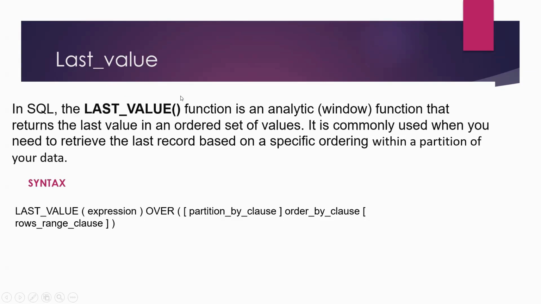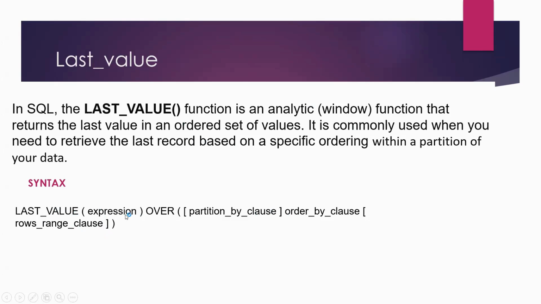In SQL, the last value window function is an analytical window function that returns the last value in an ordered set of values. It is commonly used when you need to retrieve the last record based on a specific ordering within a partition of your data. This is the syntax of last value: expression over partition by clause, order by clause, rows range clause. So we are going to implement all these syntax.